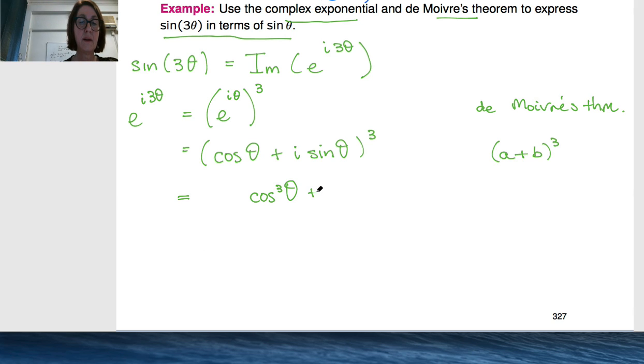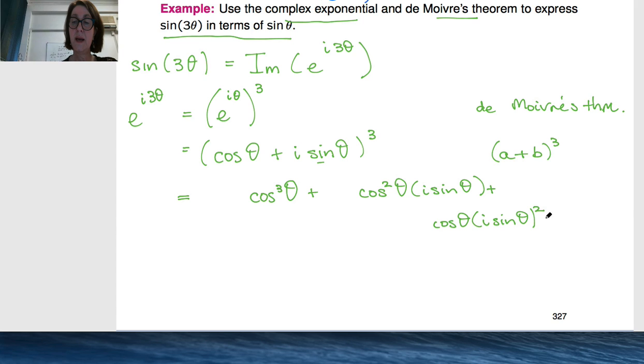Then we had cos squared theta times this term, so that's times i sine theta. Then we had cos theta times this term squared, so i sine theta squared. And then we had the last term cubed.